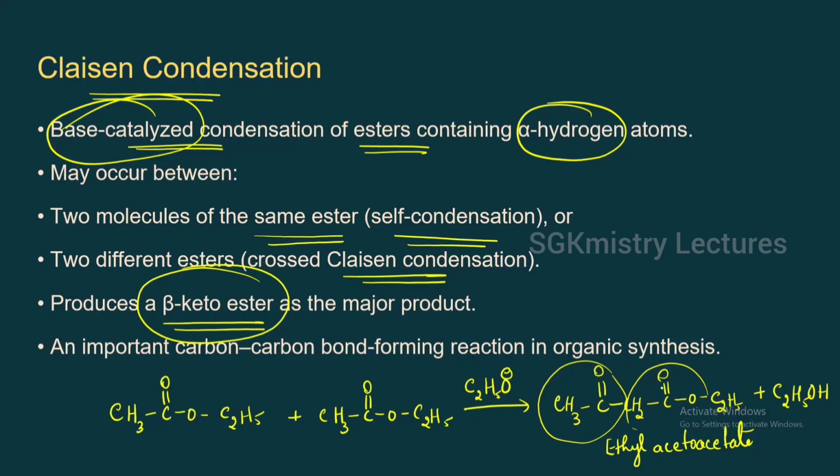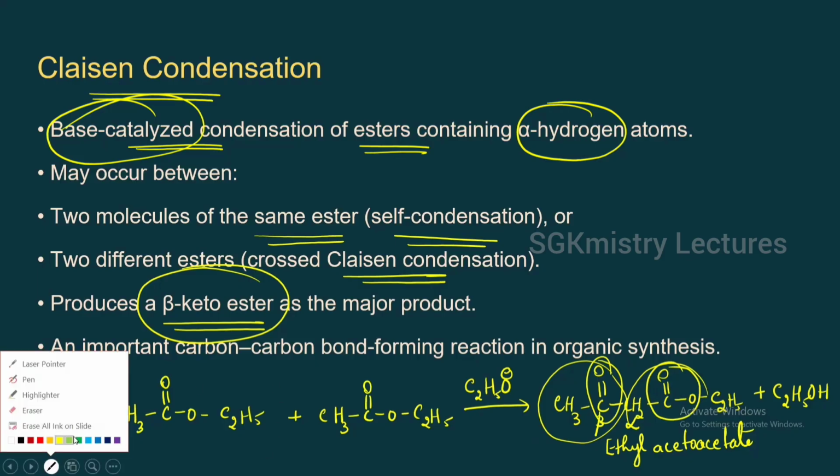And why do you call it a beta keto ester? See here, this is the ester functional group. This is the alpha carbon and this is the beta carbon with respect to the ester functional group. In the beta carbon, you can see the keto group. So beta keto ester is the product that is obtained.